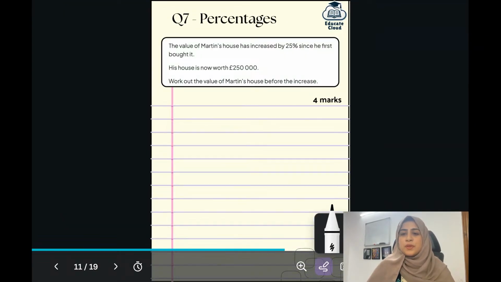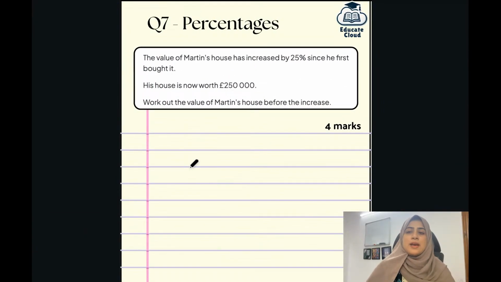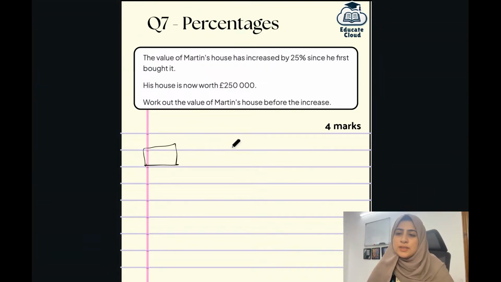Okay. Now, the next question is on percentages. So it says the value of Martin's house has increased by 25% since he first bought it. His house is now worth 250,000. Okay, so here, we have a house before the increase, then it's been increased by 25%.